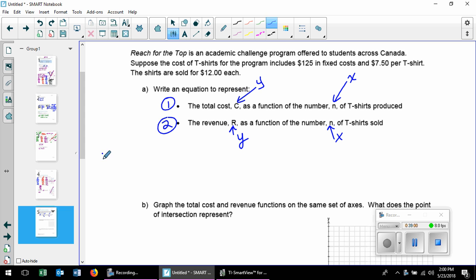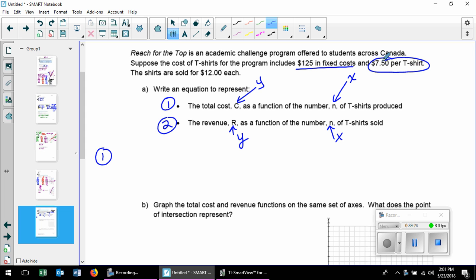So let's create our equation 1 from the information. This is about cost of t-shirts. So the program includes $125 fixed cost and $7.50 per t-shirt. So what's the cost of producing the t-shirts?